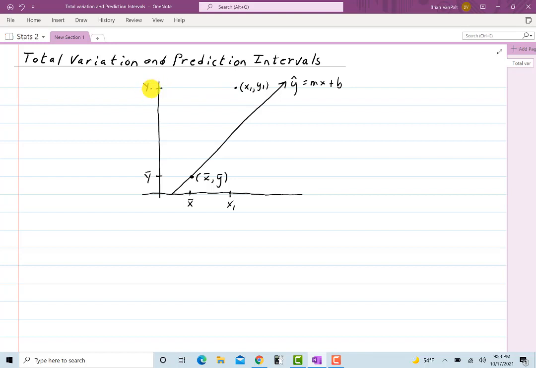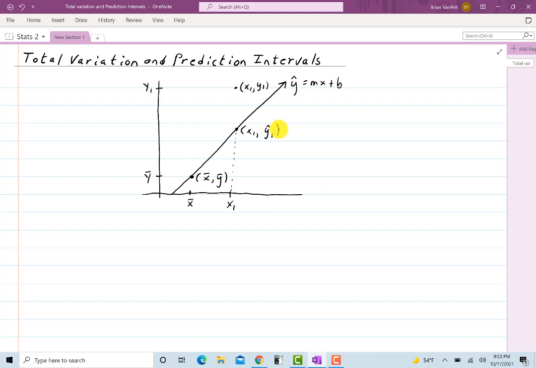And then y1 off to the left, I'll mark it off. So I've got my x1, y1. And also while I'm here, on this line here, you have x1, comma, y1 hat. Remember, the y hats are the line itself.